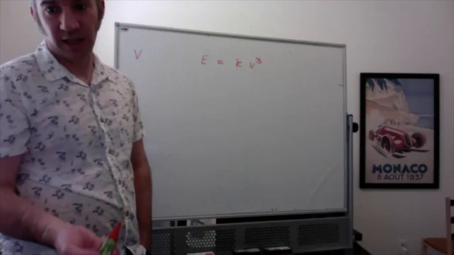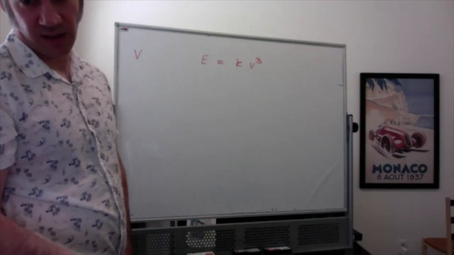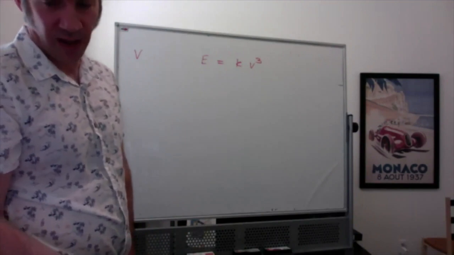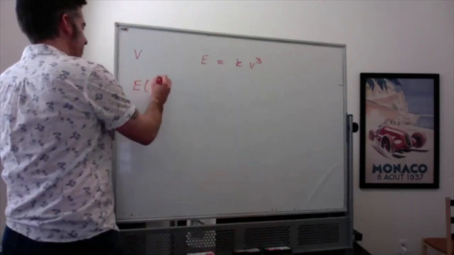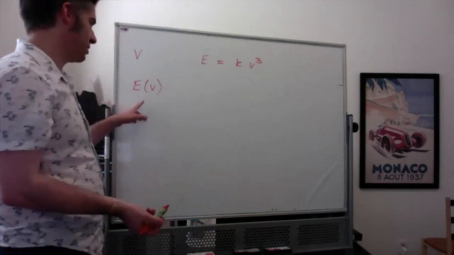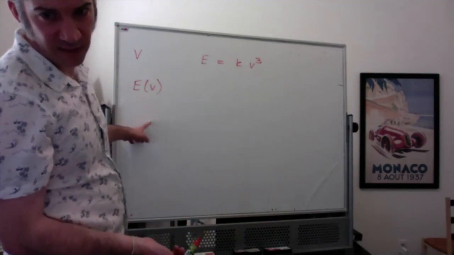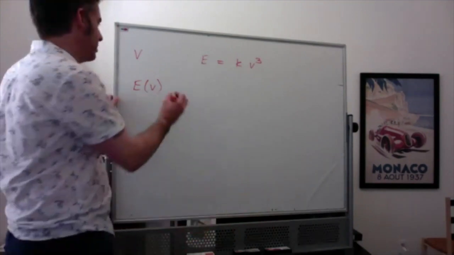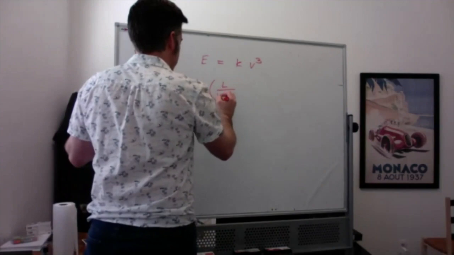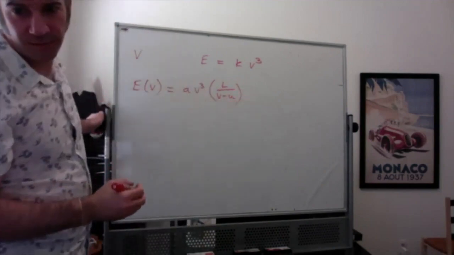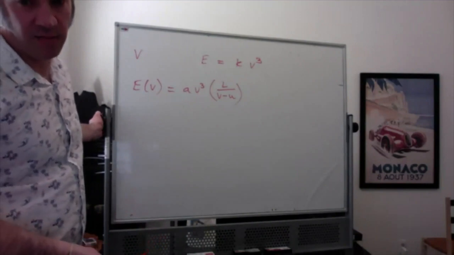If the fish are swimming against a current, U, where U is less than V, then the time required to swim a distance, L, is L divided by V minus U. And the total energy required to swim the distance is given by, so they just give us the equation, E of V, the energy required to swim at velocity V, is equal to A V cubed times L over V minus U, where A is the proportionality constant. Determine the value of V that minimizes E.